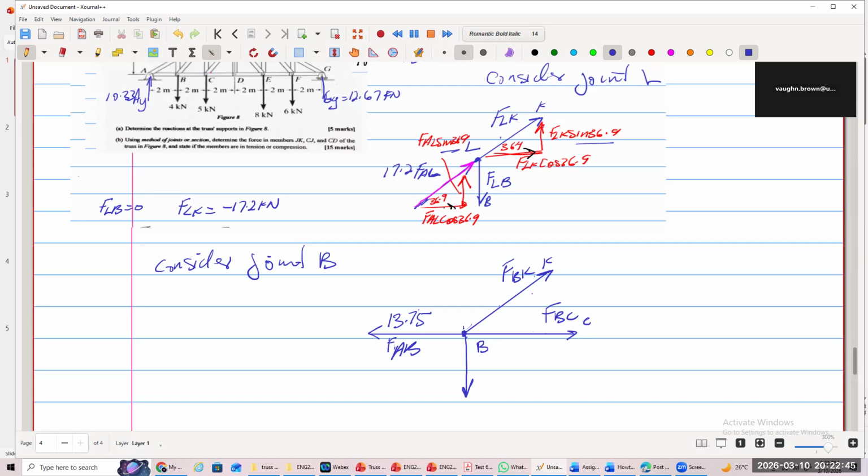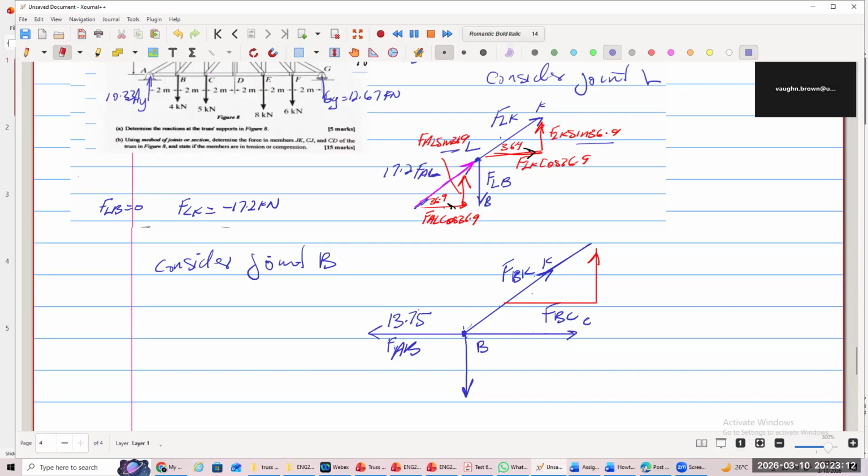Now for BK, I'm going to draw the other forces that we don't know. BK has two components, one in the X and one in the Y. So BK is like that.